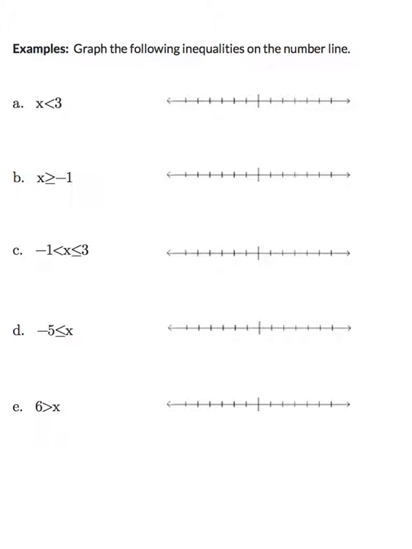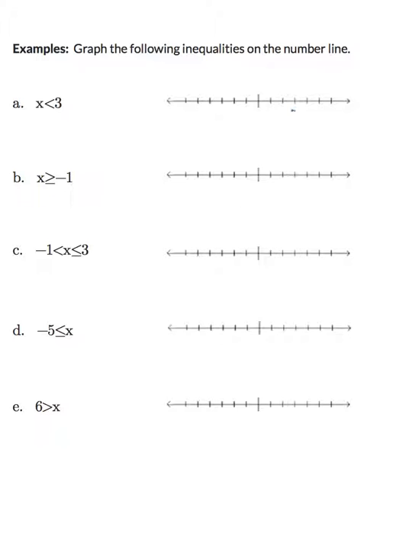So let's look at the following examples. Our first step is we want to plot the critical number. For example A, my critical number is 3. So I'm going to put a 3 underneath the tick mark that I want.